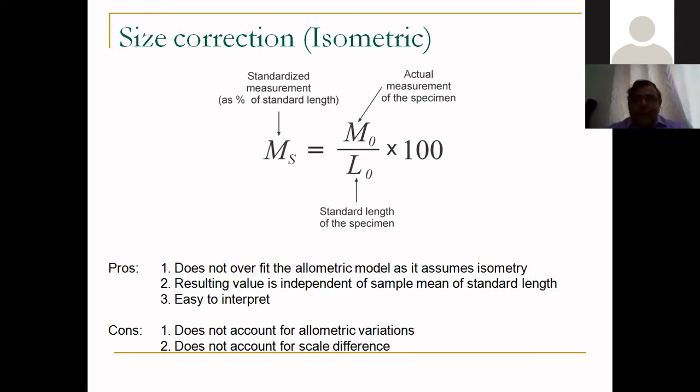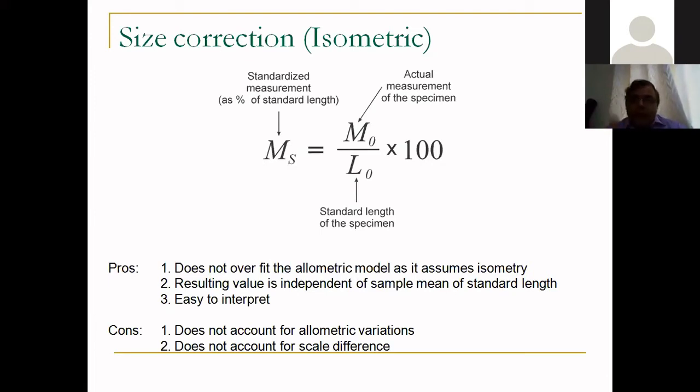So you are looking at the percentage of each variable. If you look at the two equations, both the equations are the same. Instead of using the mean length of the sample, we are standardizing it to 100. So we are converting all the measurements as a percentage of the standard length of the organism, saying that if the standard length is 100, what is the length of a given measurement?